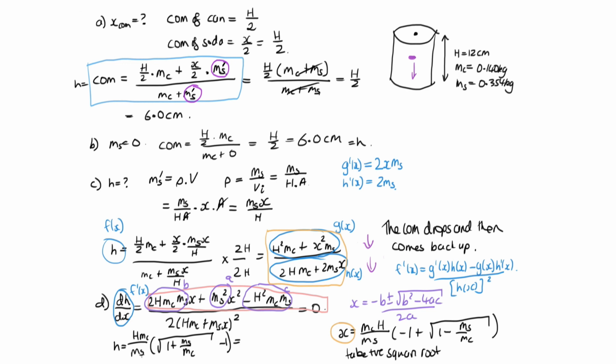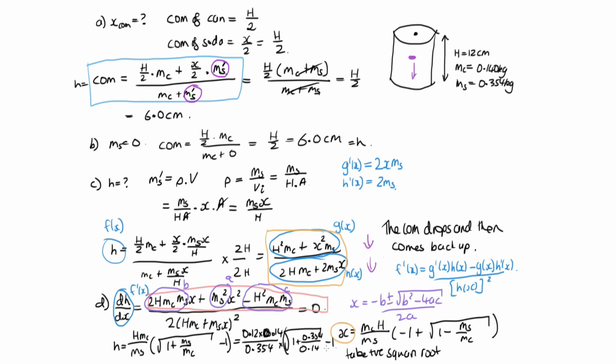And then we've got numbers for all these things, so we can substitute in. We've got 12 centimeters as the height of the can. The mass of the can is 0.14. The mass of the soda initially was 0.354, and then times the square root of 1 plus 0.354 over 0.14, and then we've got our minus 1.